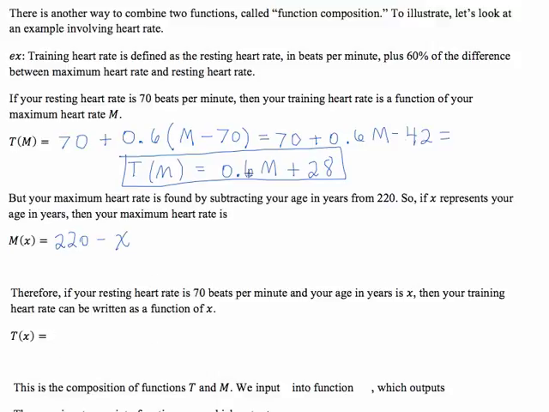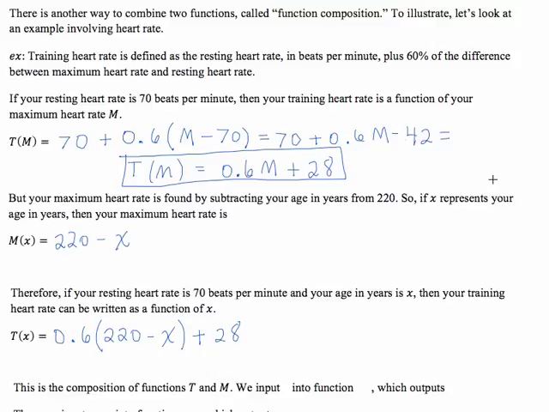It would be this function up here, 0.6 times M, but M is 220 minus X. So I'm going to substitute 220 minus X in for that M. And then we have this plus 28.